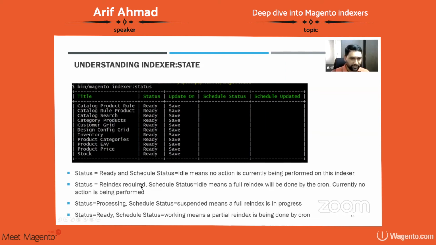Reindex required and status idle means a full reindex will be done when the next cron runs, and currently nothing is being done. Processing and status suspended: the status will be suspended when the full reindex is running, and it will show as processing over here. And status ready and schedule status working means a partial reindex is being done by the cron. So just by looking at this, you can understand what is happening.